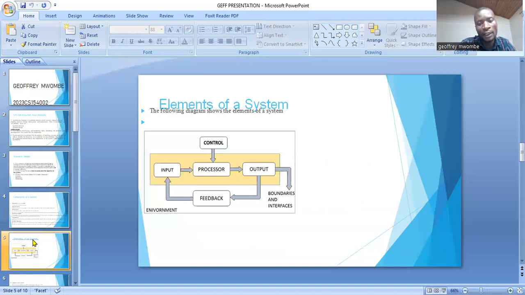So here we have a diagram which shows the elements of a system. We have the control, the input, then the processor, output, the environment around, feedback, then boundaries of interfaces.